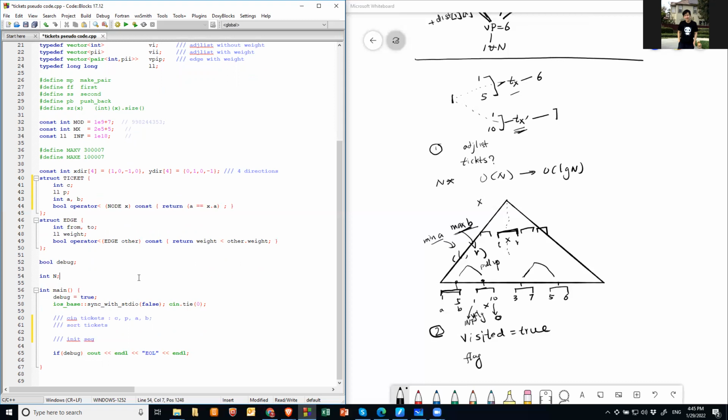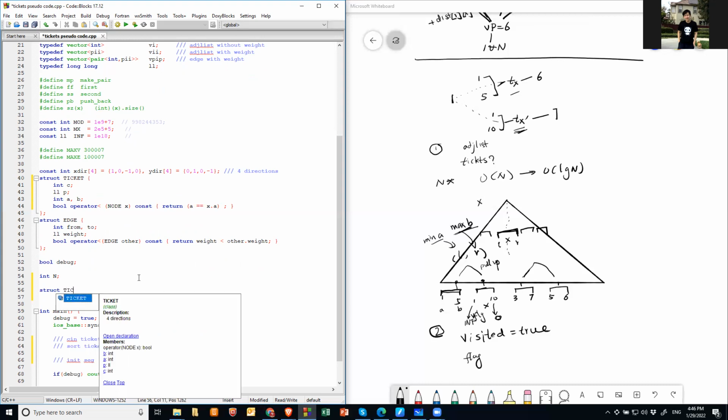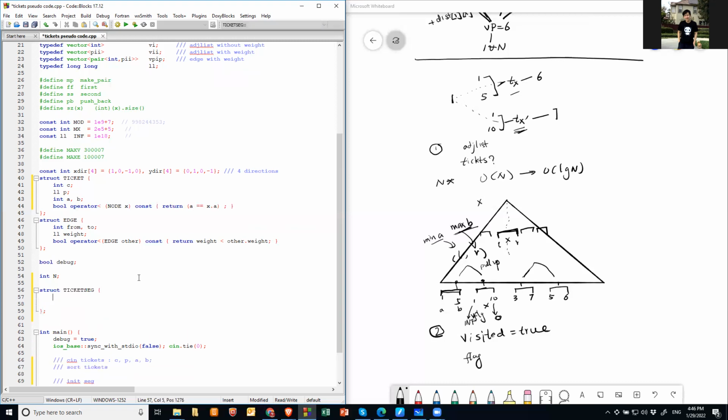So let's see how the segment tree should work. Ticket seg. Okay. And obviously, for each node, what do you need? For each node, you need minimum A and max B. Okay, there is the initialize.